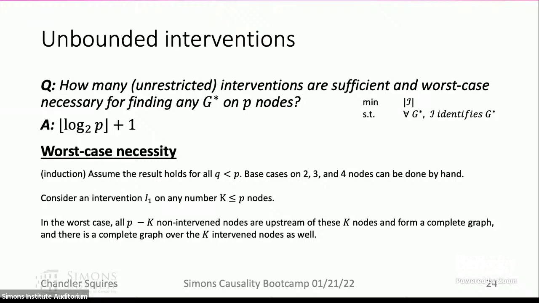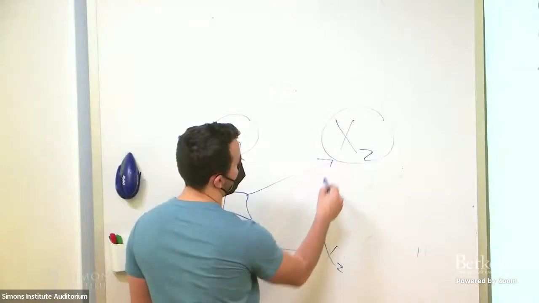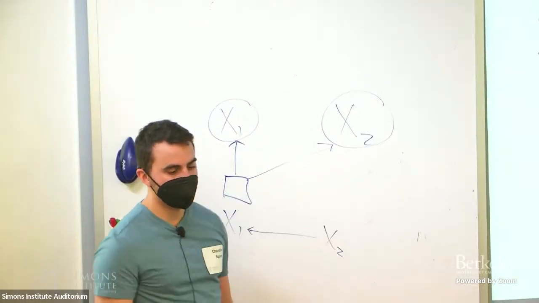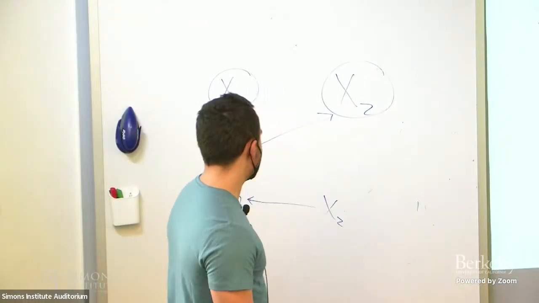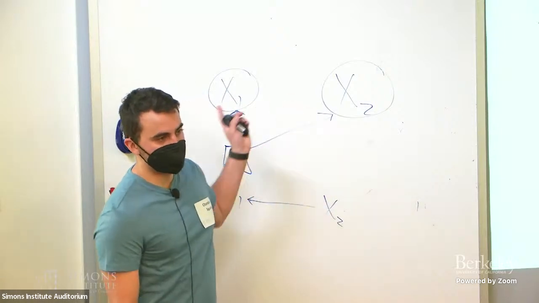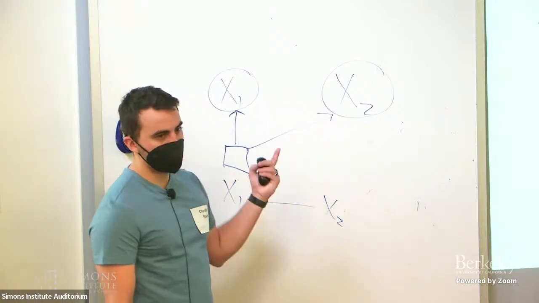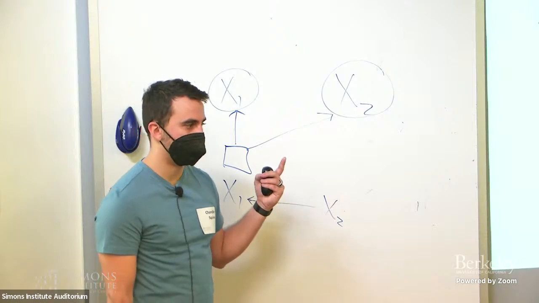And then when we were talking about the adjacency and orientation tests, we mentioned that if we do an intervention that includes two variables, we get no information about them. So if I do an intervention that includes both of these variables, then I can't conclude whether or not there's an edge between them, or the direction.